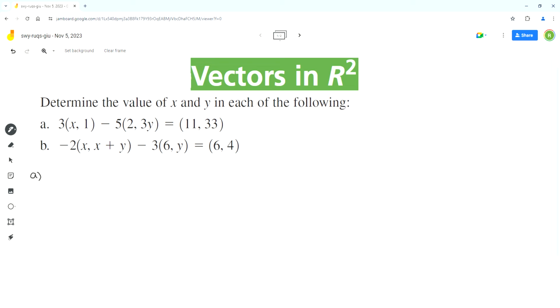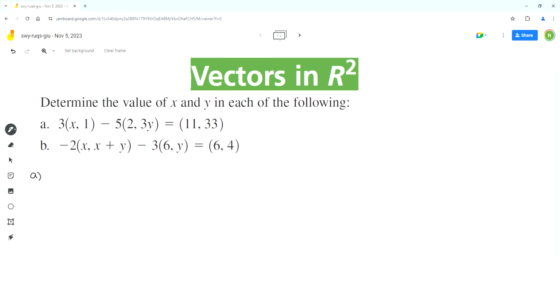So on the left side of this equation, we have to do scalar multiplication for the two vectors. So for the first vector x comma 1, we have to multiply both components by 3.